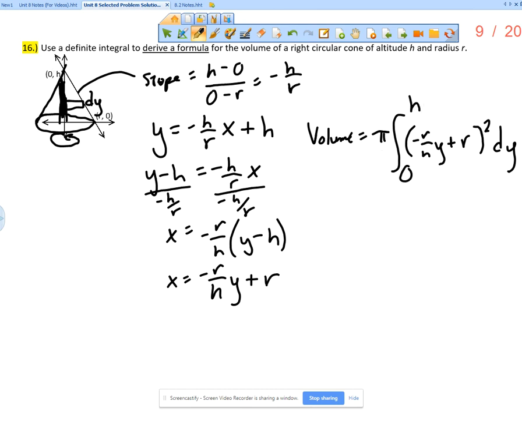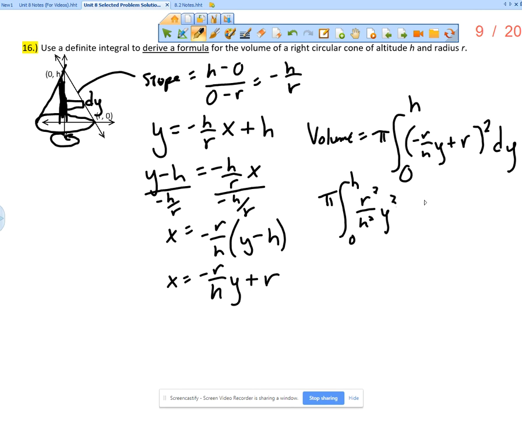It's important that you remember that in this integral, y is the variable. R and h are unspecified constants. Now let's carry this integral out. I have pi times the integral from 0 to h, and in order to do that, I'm going to have to multiply it out. When I multiply this out, I get negative r over h y times itself, so that gives me positive r squared over h squared y squared.